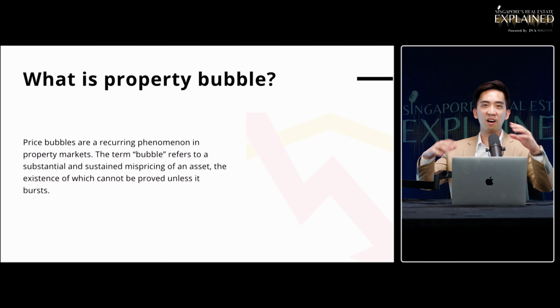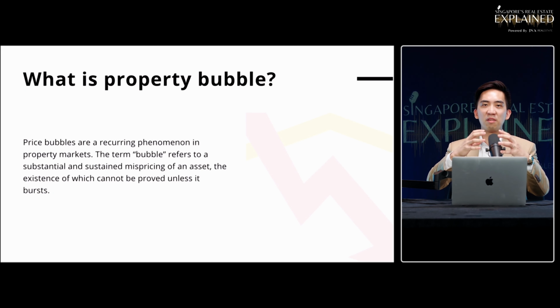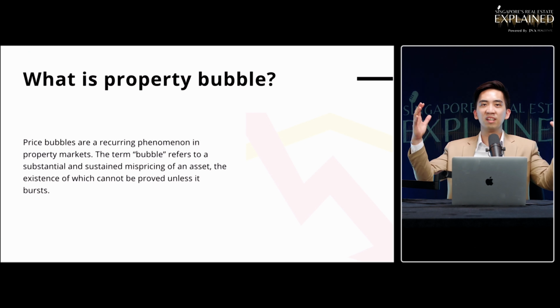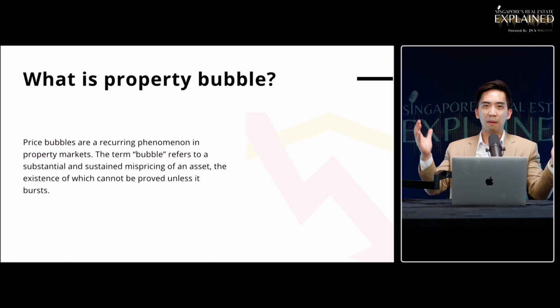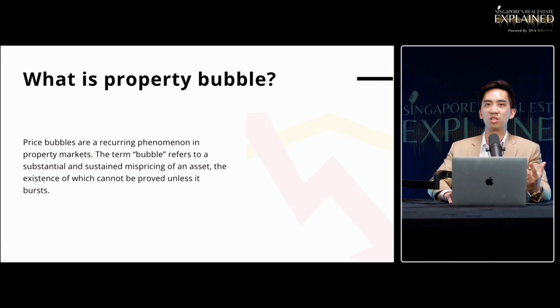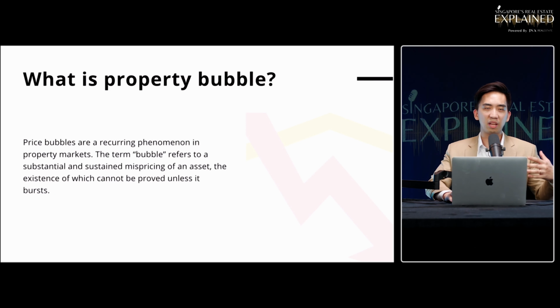It works like a balloon: you inflate it and make it bigger and bigger, and when it becomes too overinflated, a bubble is formed, and if the bubble is too large, it will burst and this causes prices to crash. This is very important to keep note of because by looking at whether a bubble exists, we can see whether a property market in a country is overinflated.